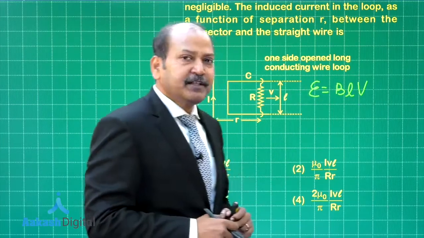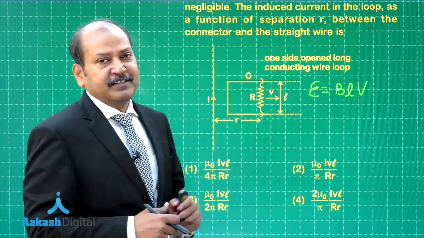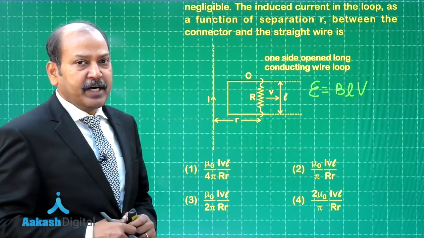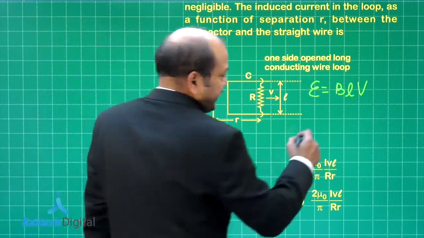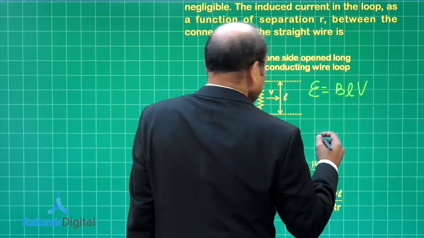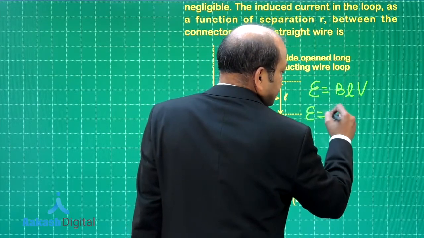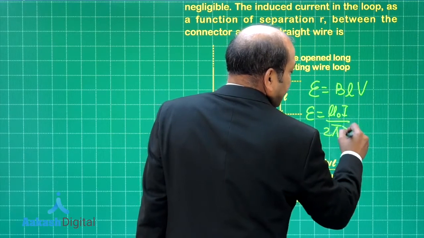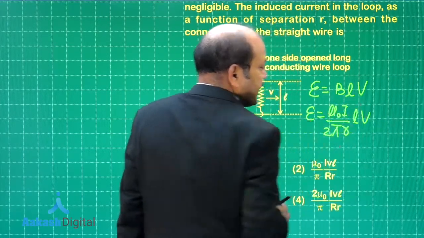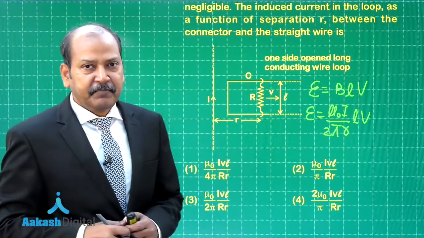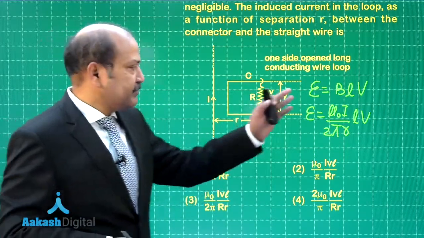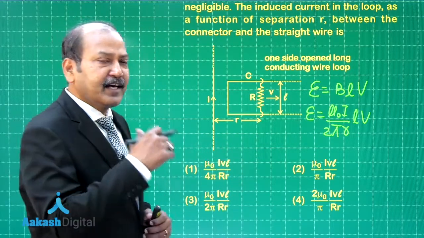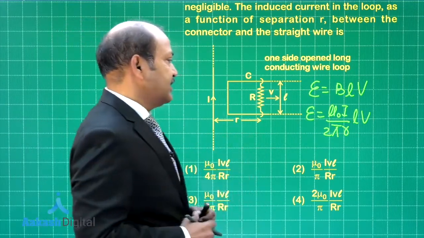Among the three terms here, B is a function of this distance r. In fact, B is equal to mu naught I divided by 2 pi r. So, the EMF becomes mu naught I divided by 2 pi r, multiplied by L into V. That is the EMF. What about the current? We divide this by the resistance R and we get the expression for the current that will flow in the circuit.